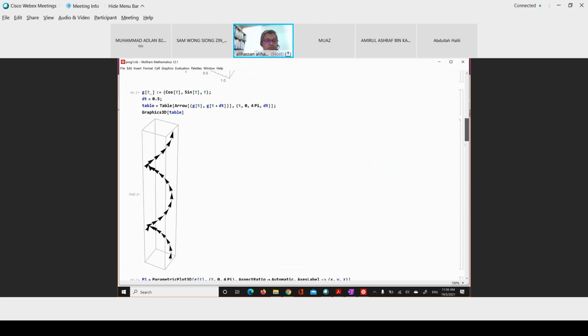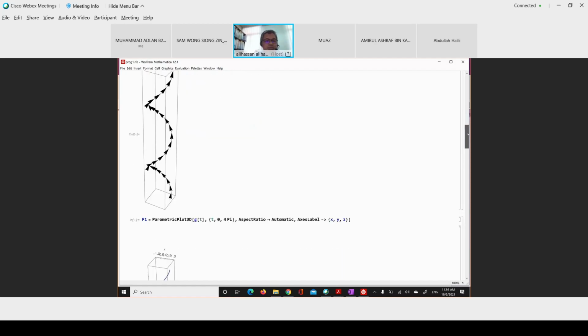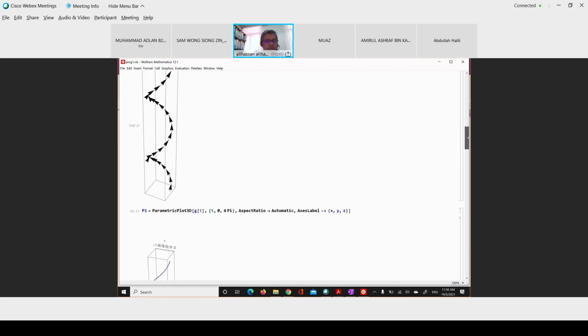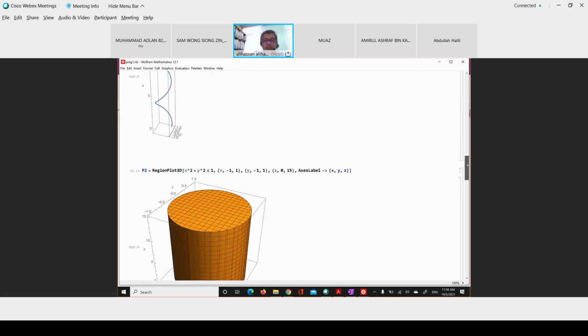This one is a helix. x(t) is cosine t, y(t) is sine t, z(t) equal to t. It is a curve that spirals upwards.